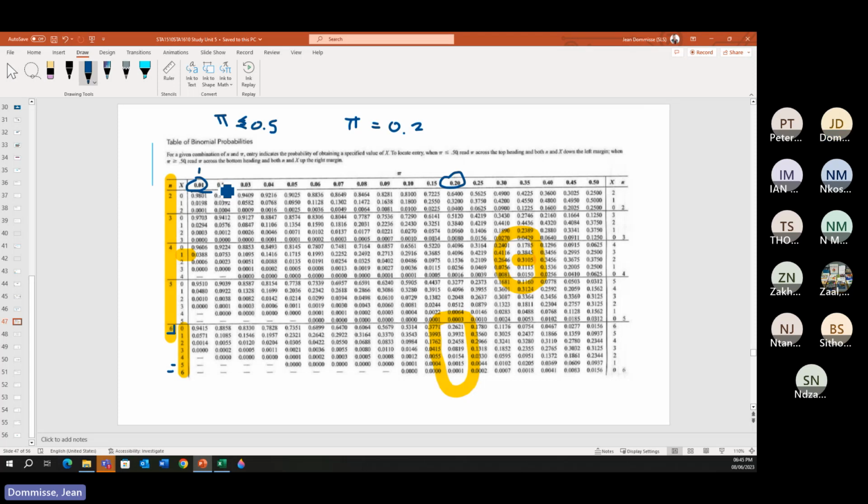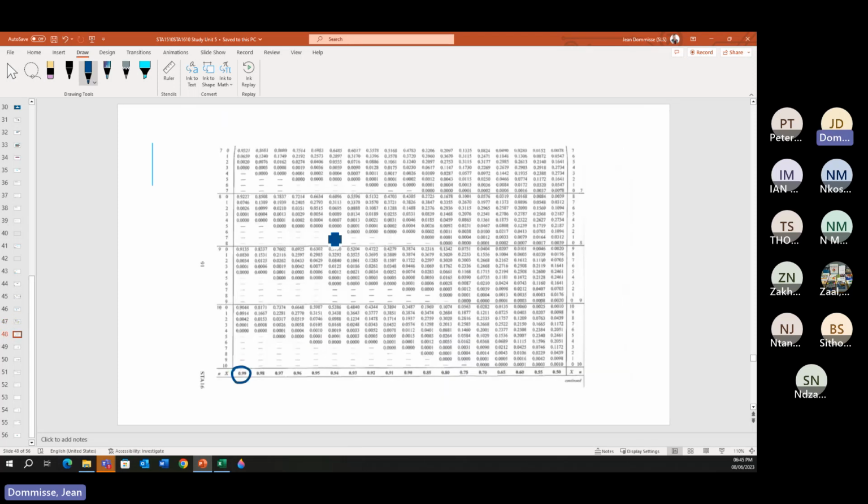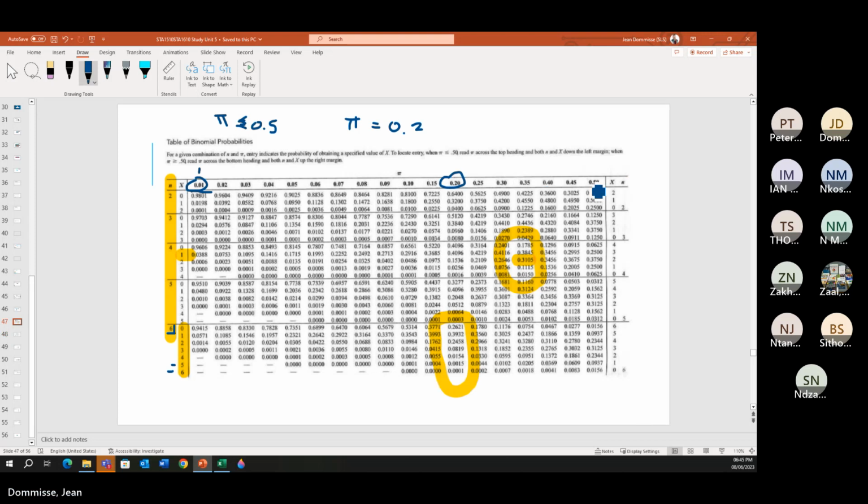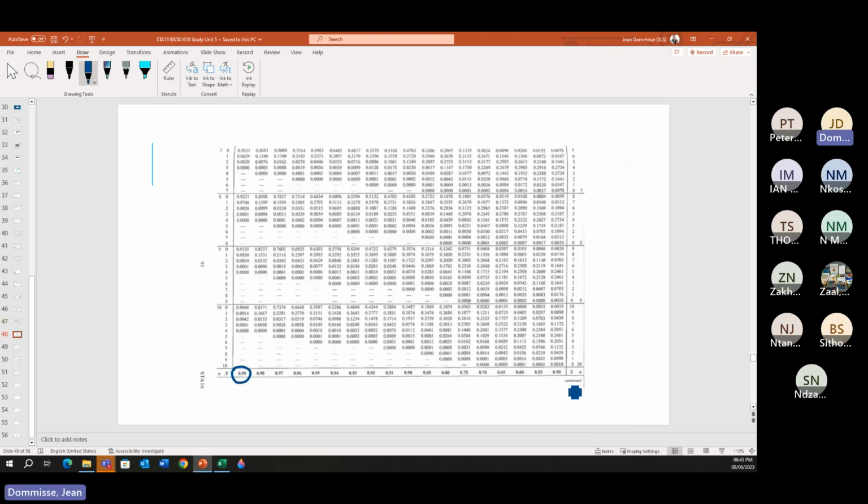So if we needed to look at the 0.9, we would have gone, okay, 0.5 doesn't work there. Okay, here's 0.9. Then we would have said, okay, but on this table, how we need to read it: instead of reading it from 0 downwards, we read it from 0 upwards.